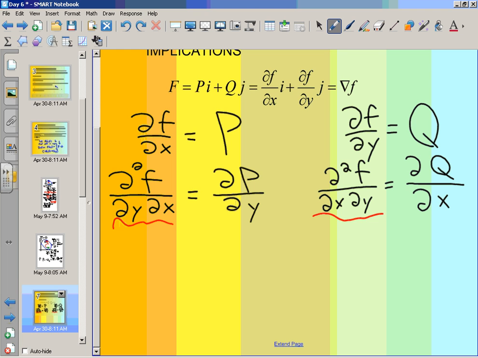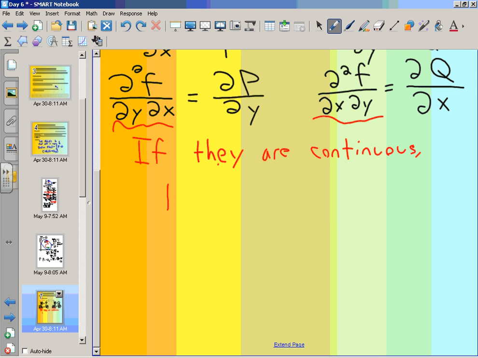So remember, if the partial derivatives are continuous, then these two are equal.